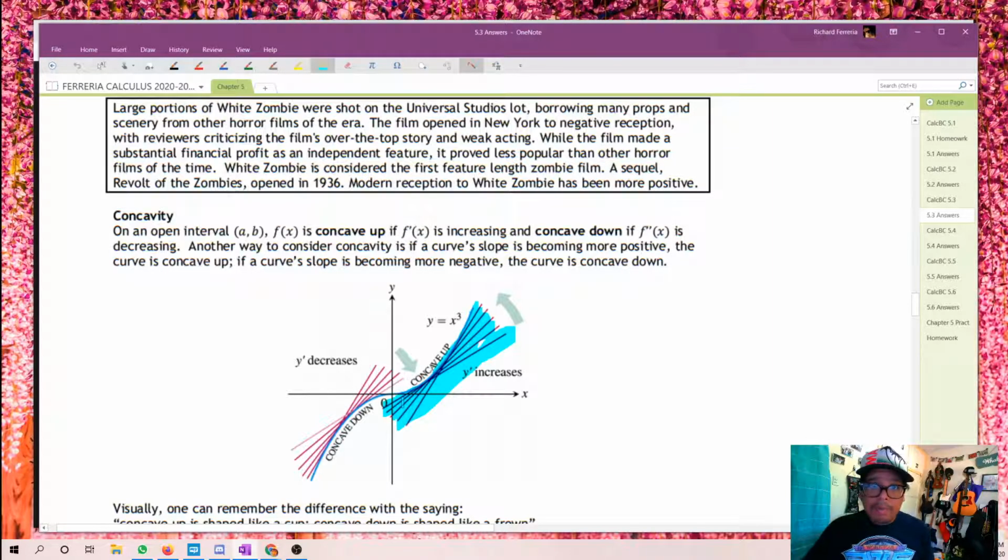So concave down means that the slope is getting less positive, and concave up means that the slope is getting more positive. Concave down, less positive. Concave up, more positive.